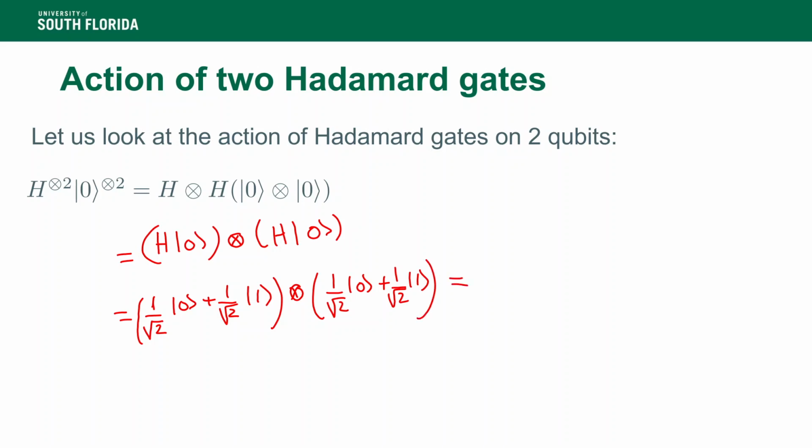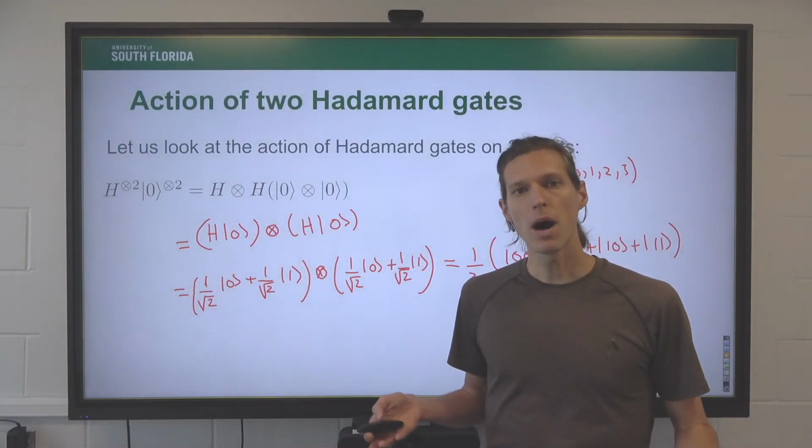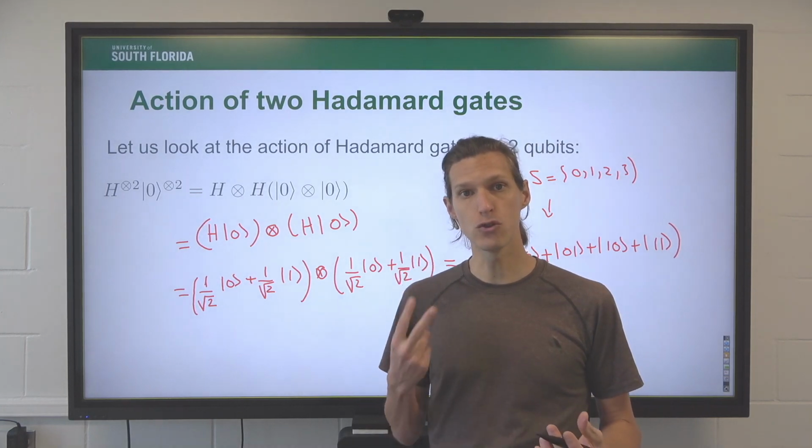And I expand this into 1/2 (|00> + |01> + |10> + |11>), and this is the uniform superposition for S equals 0, 1, 2, 3. So exactly the uniform superposition over all possible outcomes of a measurement on 2 qubits.